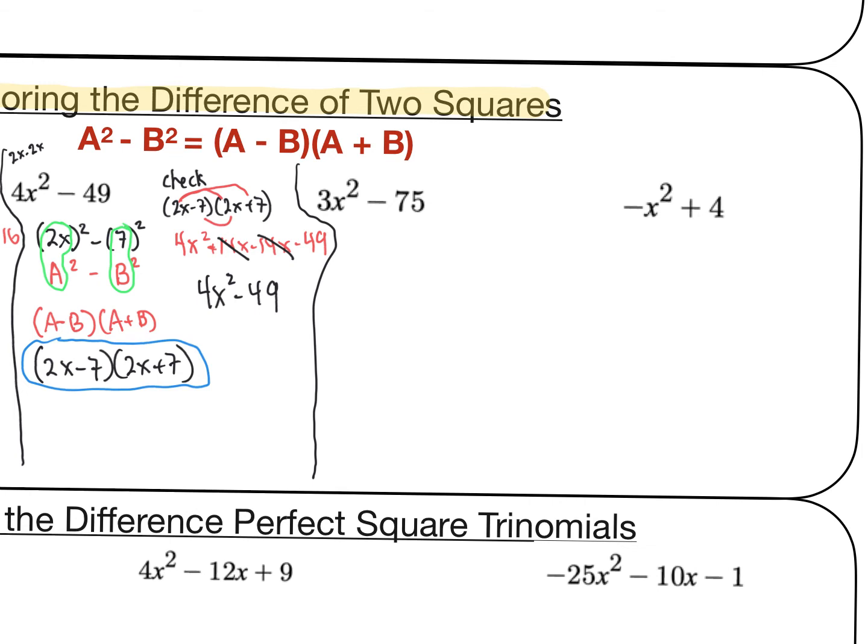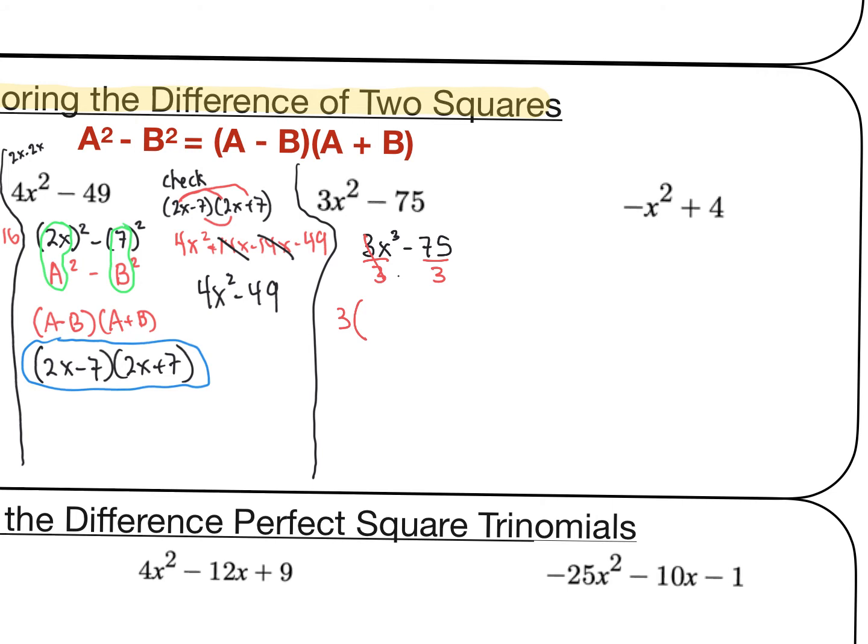If you already know how to factor these out, I'm just going to write this down below. We'd have 3x squared minus 75. So again, if you're good with factoring, you could say 3 can go into each one of those evenly. So you divide each one by 3. That 3 comes out in front.